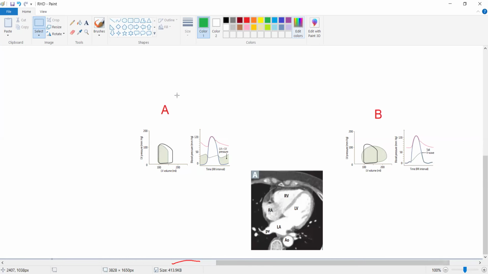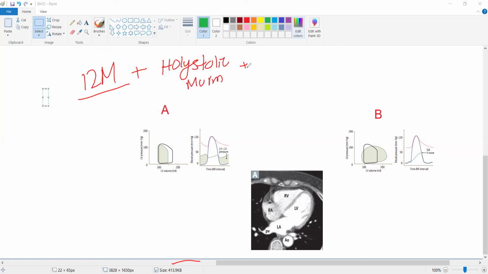Okay. So if the patient, let's suppose, a 12-month child comes with a hollow systolic murmur plus migratory polyarthritis and all of the clinical features that are included for rheumatic heart disease.